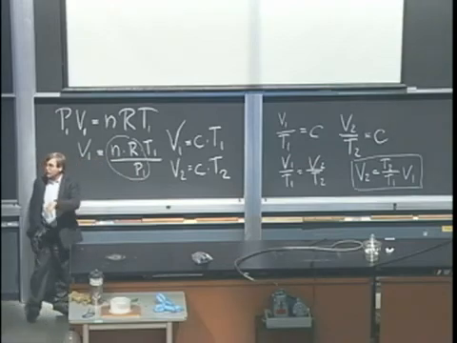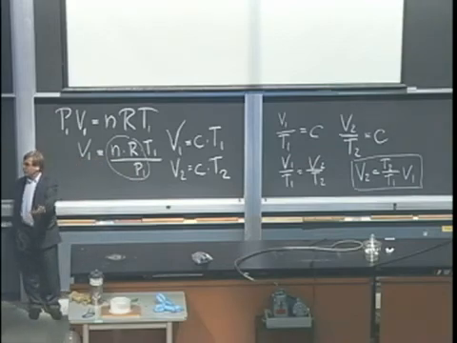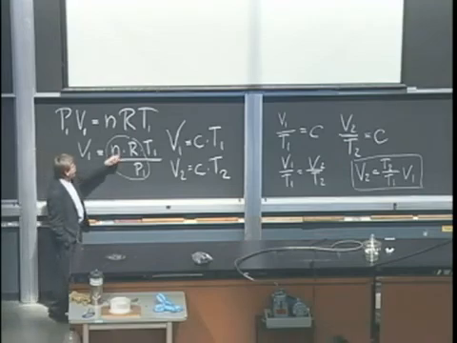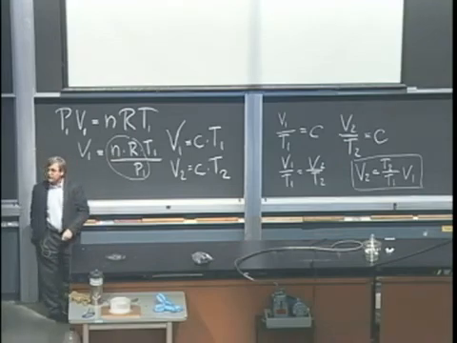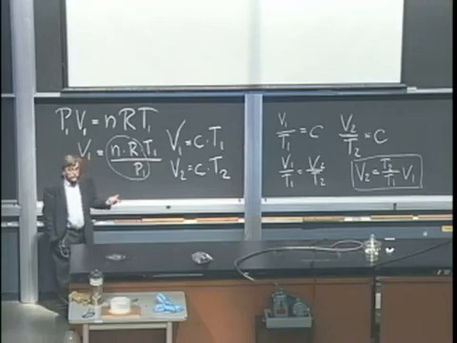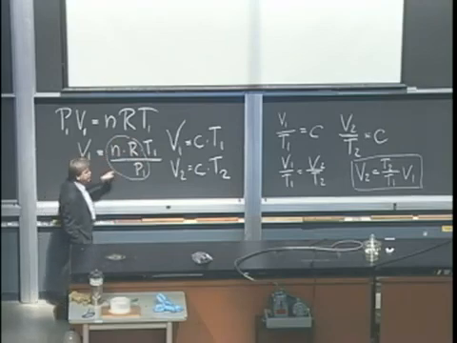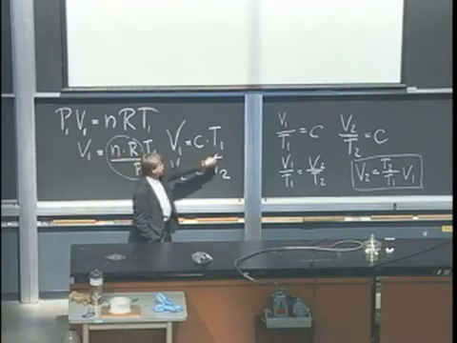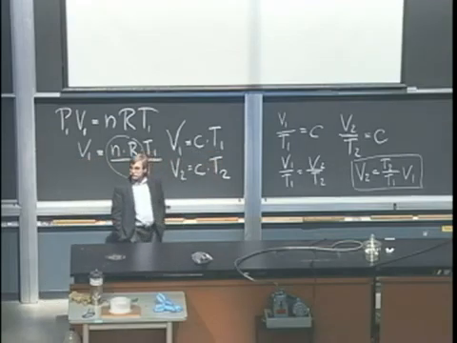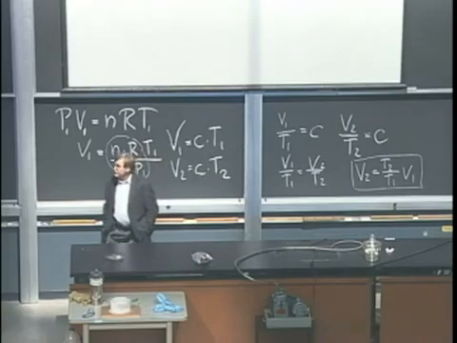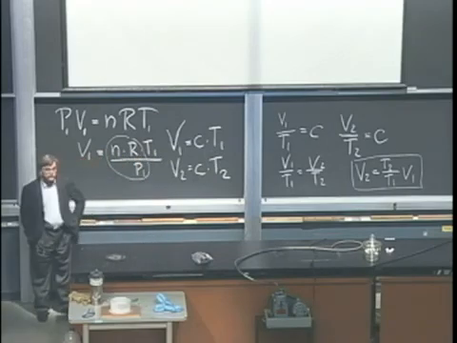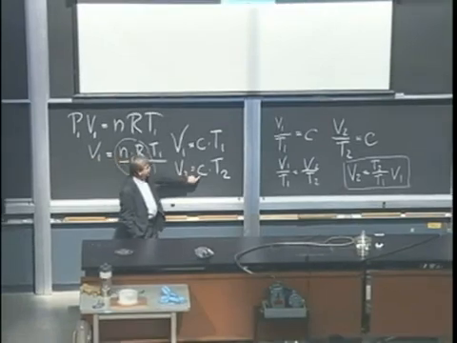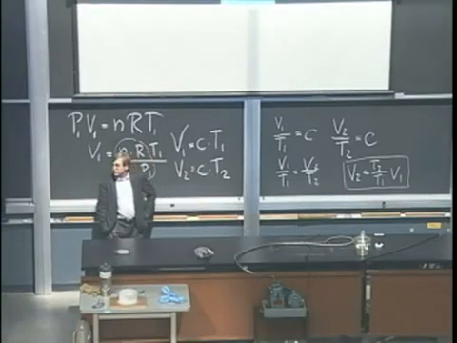Okay, P1 is 1 atmosphere. It's a constant. N is the gas, I don't change the gas, and R is a constant to begin with. So I can treat this as a constant. I really am not interested in this. I can say V1 is the constant times T1. Right? I can do the same thing for the second volume. V2 is the constant times T2.